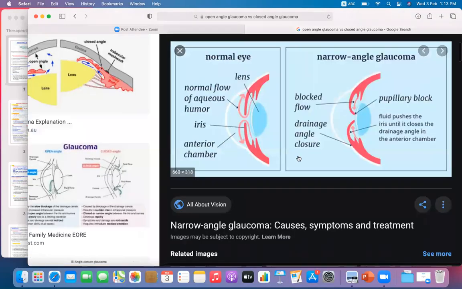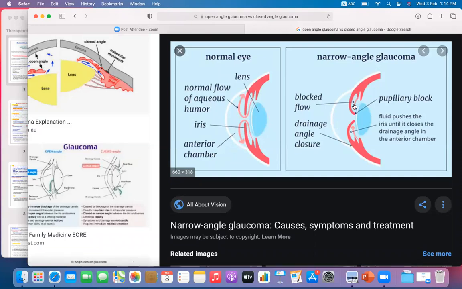Yes, the normal eye. In the normal eye, you can see the normal flow of the aqueous humor from the iris. The iris is intact and the anterior chamber is also intact.